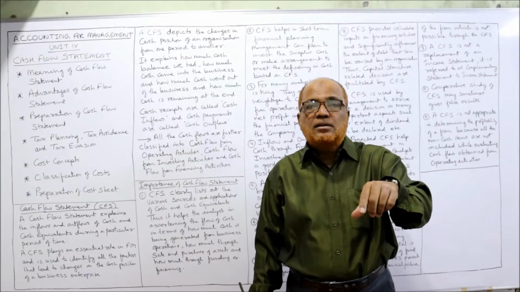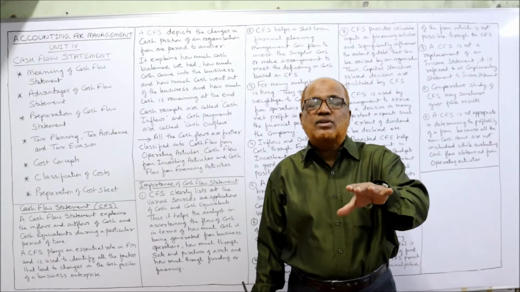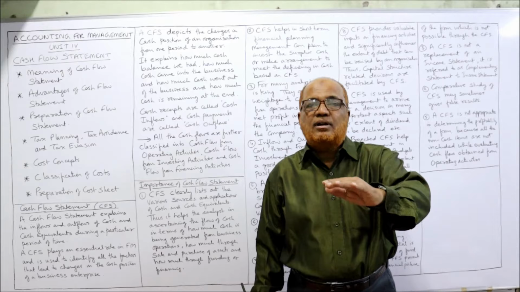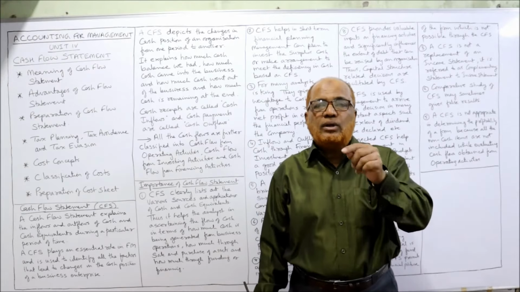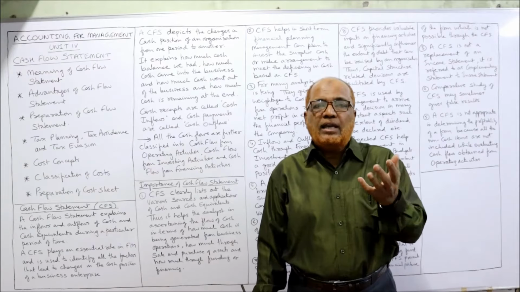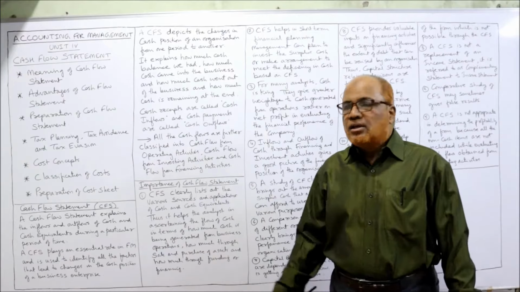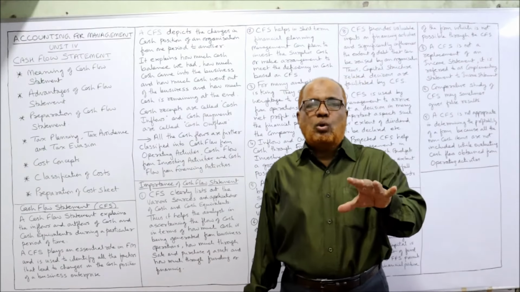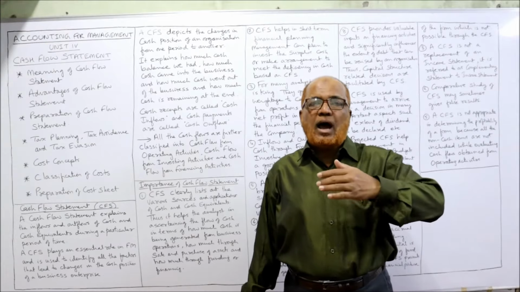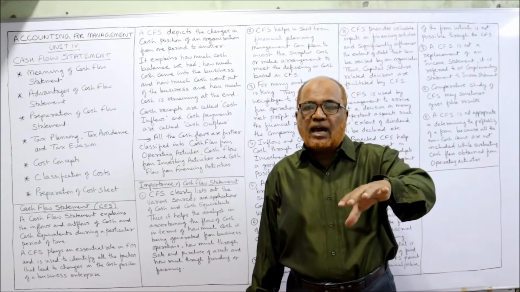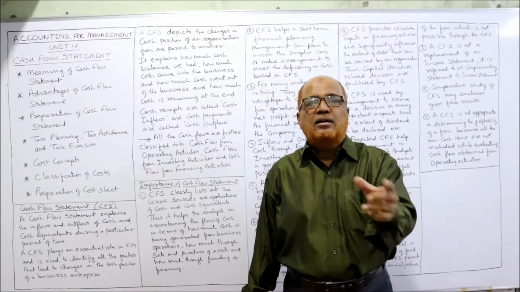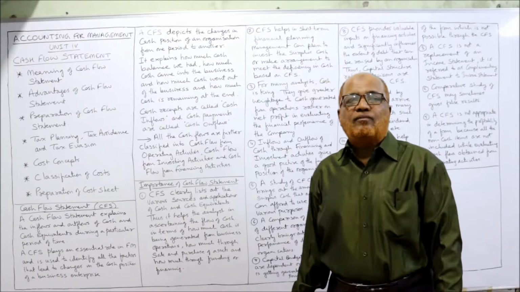But cash equivalents are those assets which can easily be converted into cash without any lapse of time, without any risk. So those are called cash equivalents. So this cash flow statement shows the inflow and outflow of cash and cash equivalent during a period of time.